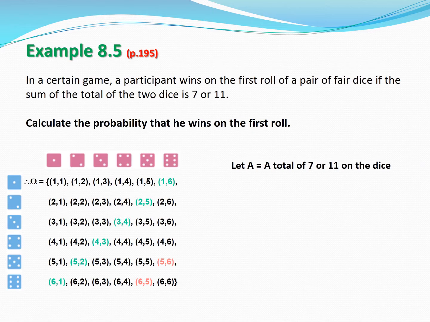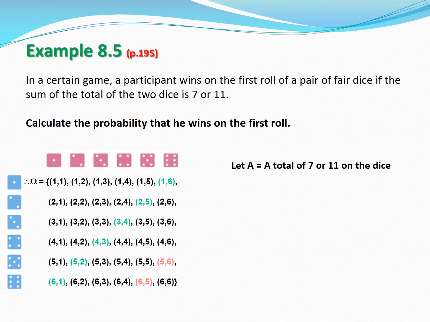In example 8.5, they tell you, in a certain game, a participant wins on the first roll of a pair of fair dice if the sum of the two dice is 7 or 11. Calculate the probability that he wins on the first roll. Okay, so in total, you will have 36 outcomes in your sample space because you have two dice.